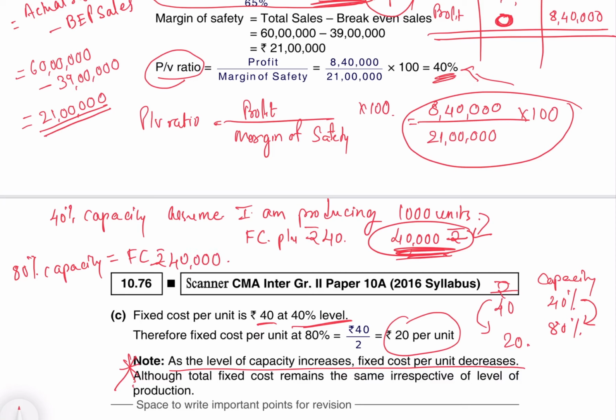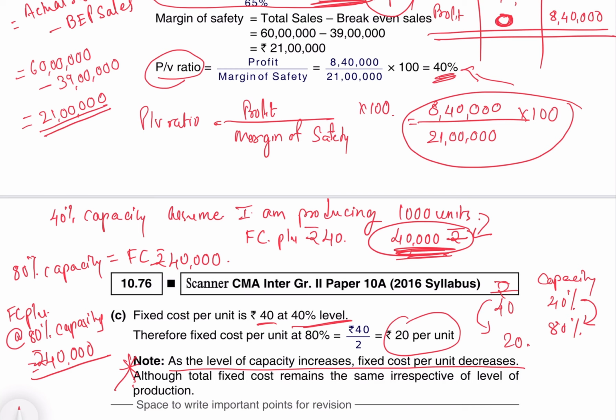So if I want to find fixed cost per unit at 80% capacity, how will I do?